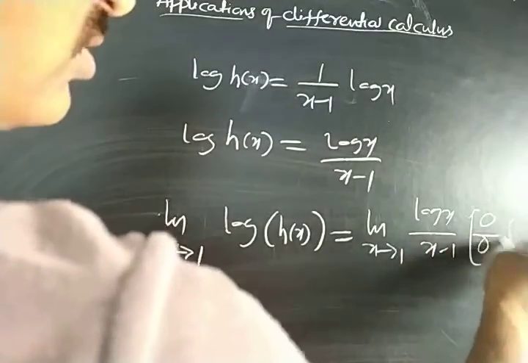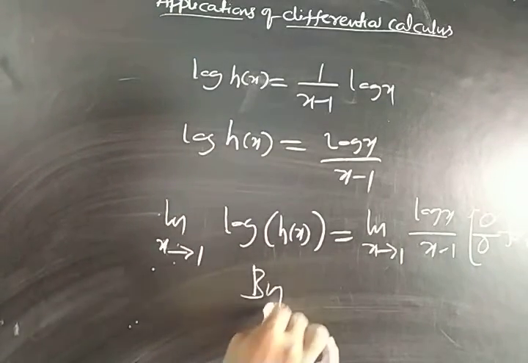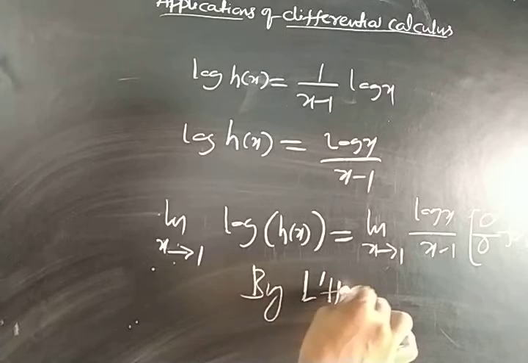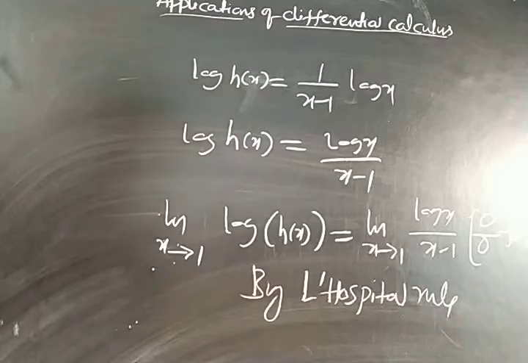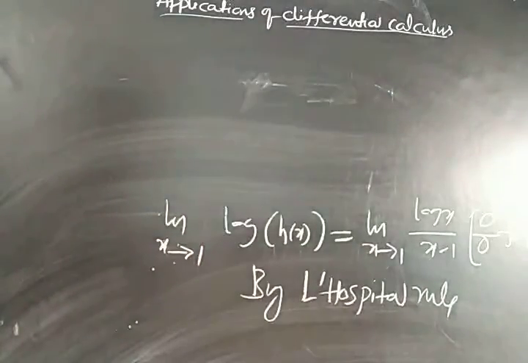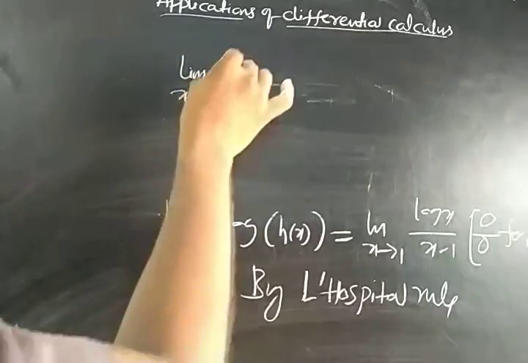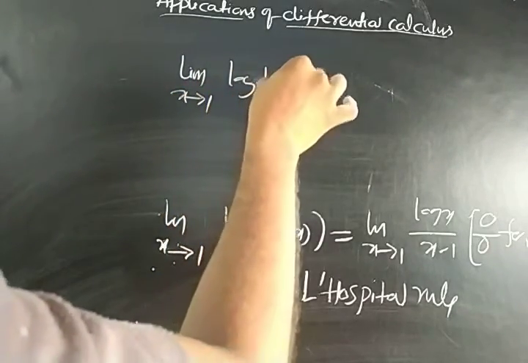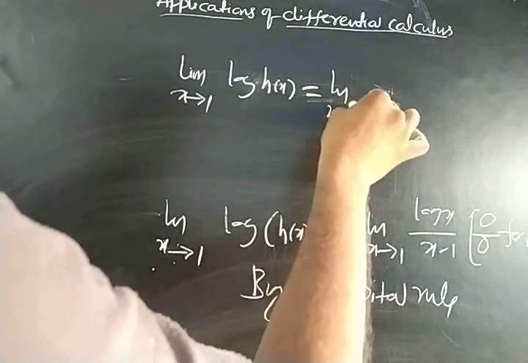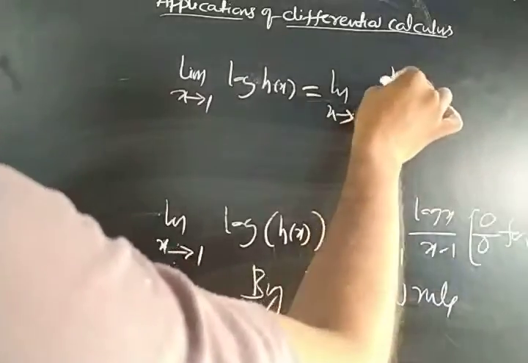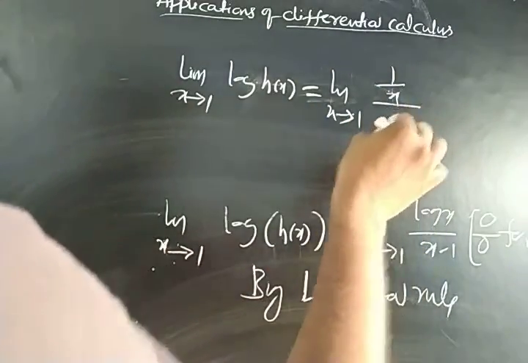Now you can use the L'Hospital rule. How to solve by L'Hospital rule here? On the left hand side, limit as x tends to 1 of log h of x. On the right hand side I am differentiating: limit as x tends to 1, log x derivative is 1 by x, x minus 1 derivative is 1.